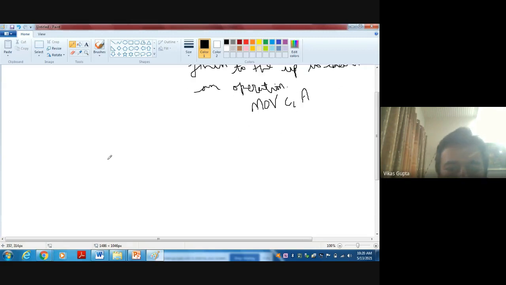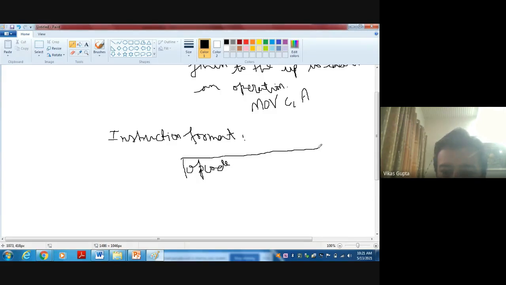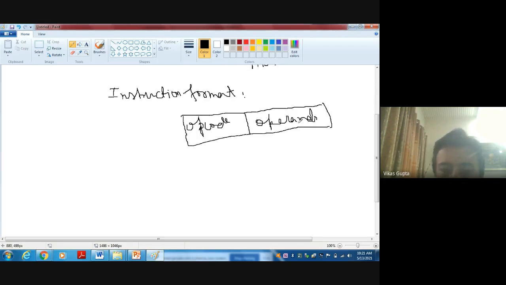And now the instruction format. Now the instruction format is composed of two parts: the opcode and the operand. I have discussed this before. So the opcode specifies the operation.